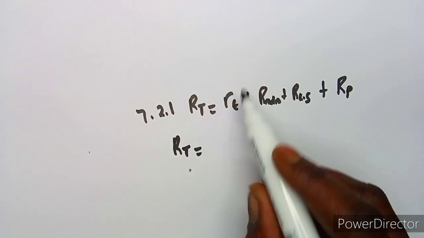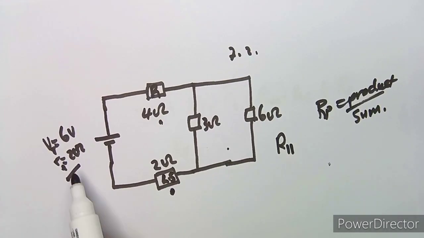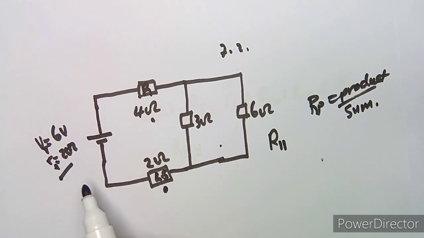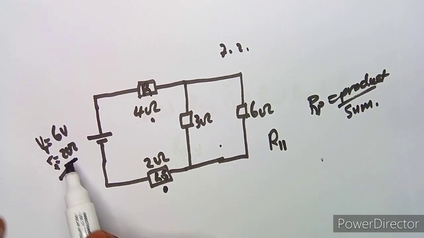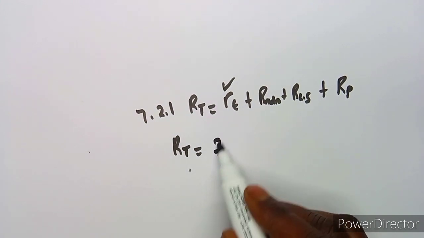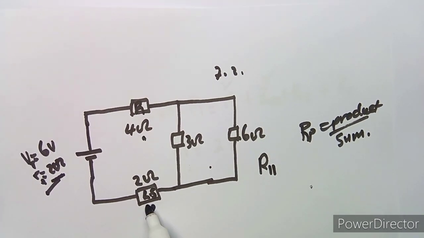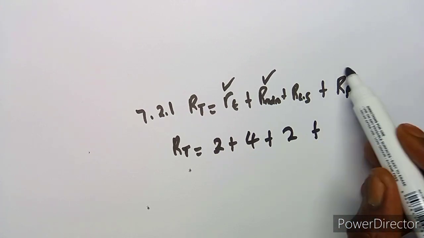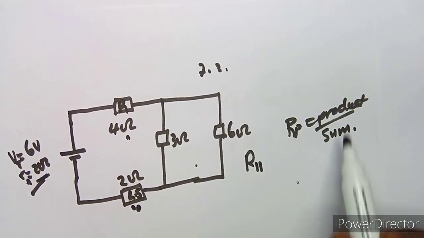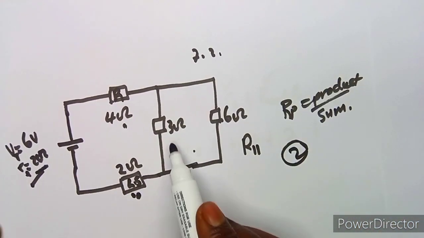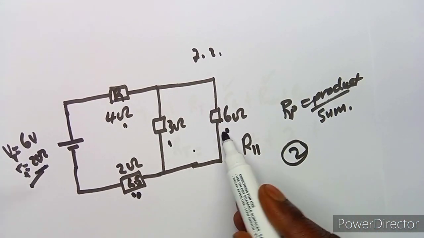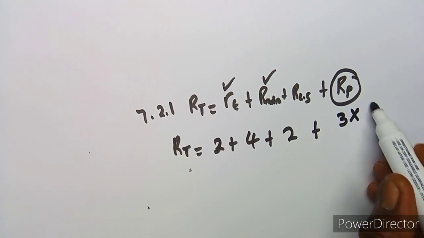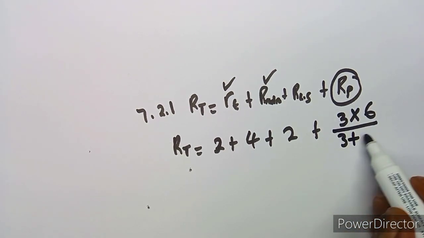All right, so your RT is going to be the internal resistance, which gave us 2 ohms. So it's 2 plus the resistance for the radio, which is 4 ohms, plus the loudspeaker, so it's 4 plus 2, plus the parallel circuit, which we said, if there are two, we can use product over sum, which is 3 by 6 over 3 plus 6.